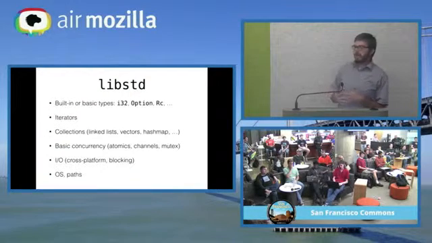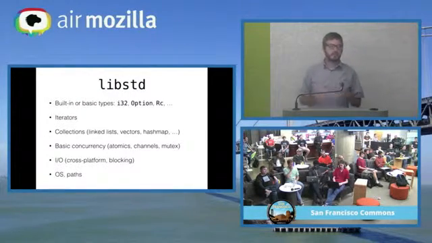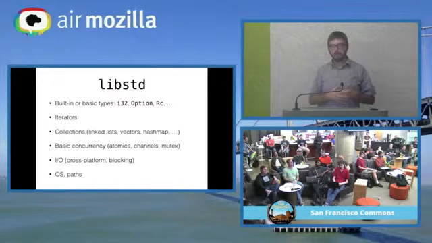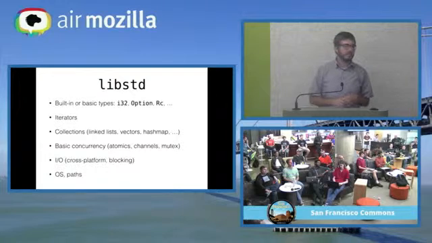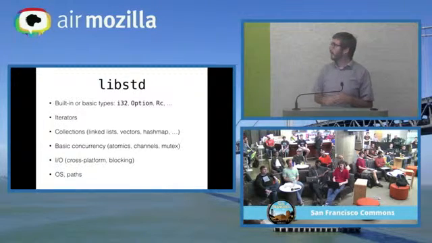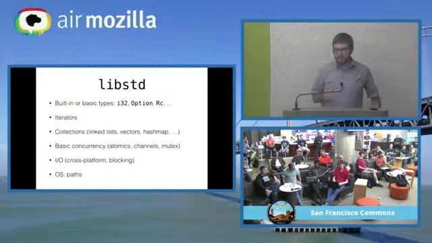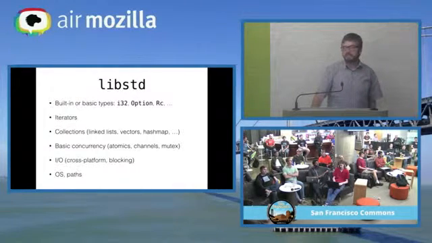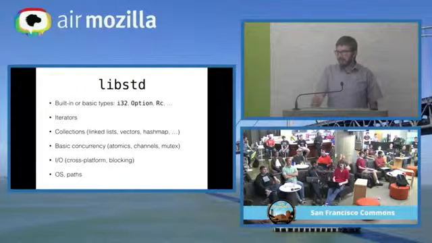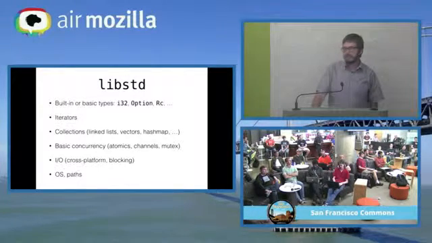Then another really important part of the standard library is iterators. That's our way of working really generically across collections, and that's something that I think has worked really well for us. We also have some number of concrete collections, things like linked lists, vectors, hash maps, the kind of stuff you expect. Basic concurrency primitives, mutexes, some interesting varieties of channels, and a couple others.